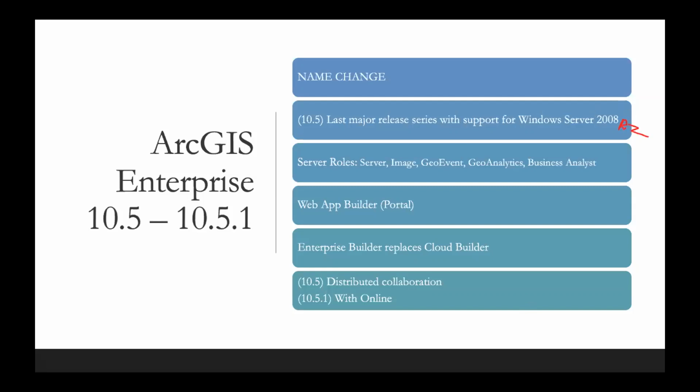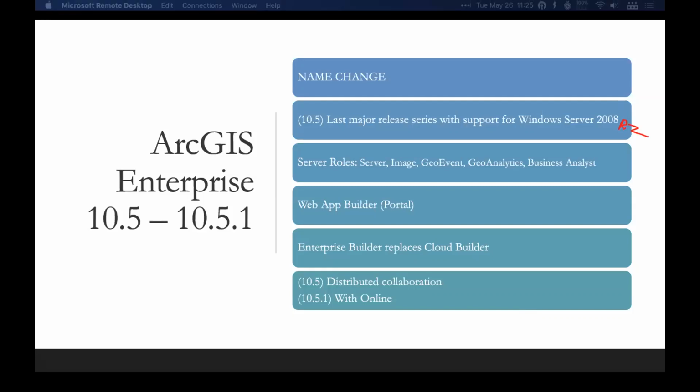There you go. This is also where they started with the whole server roles, with the image server, geo event server, business analytics server, which you would license each one of those individually and hopefully put them on a separate box. Image server used to be an extension, geo event used to be an extension. Now they're called server roles at this one.